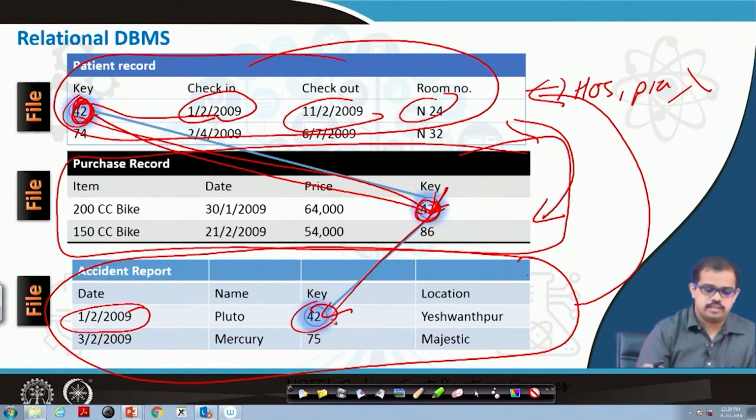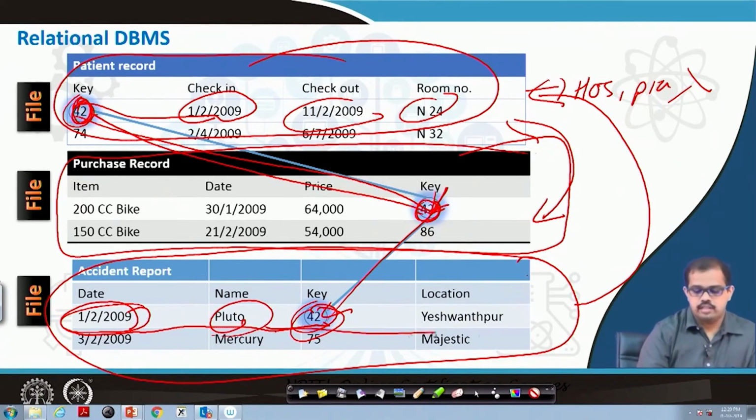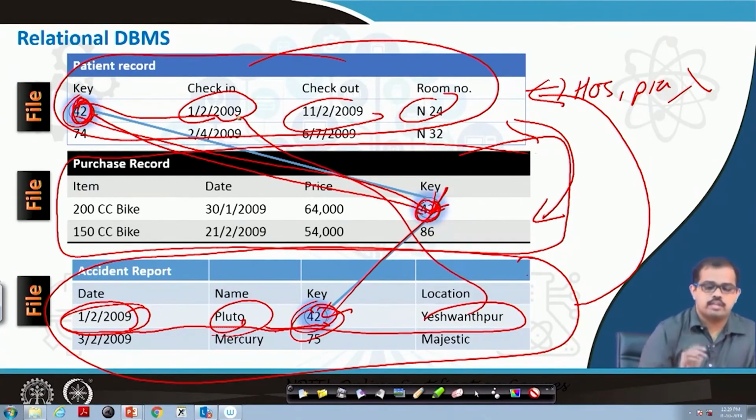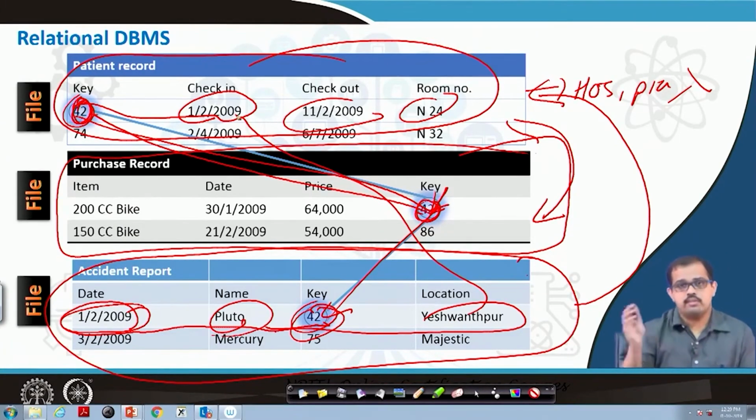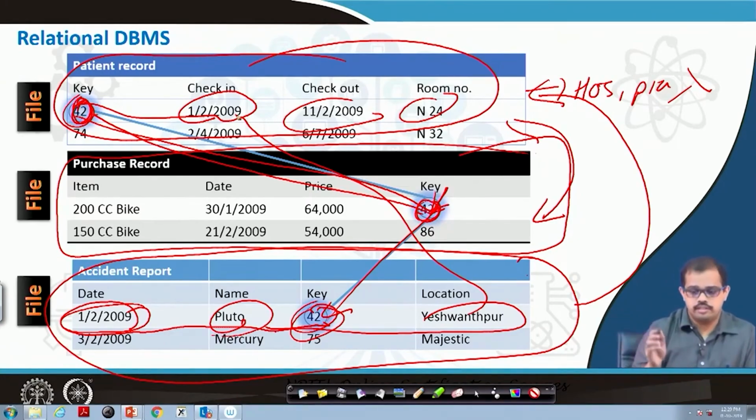If he puts in the patient name and knows the key, he knows when the accident happened, the name of that person, where it was, the location, and also when he was admitted to the hospital, when he recovered from that injury, and where he recovered. So he knows the entire database of it.